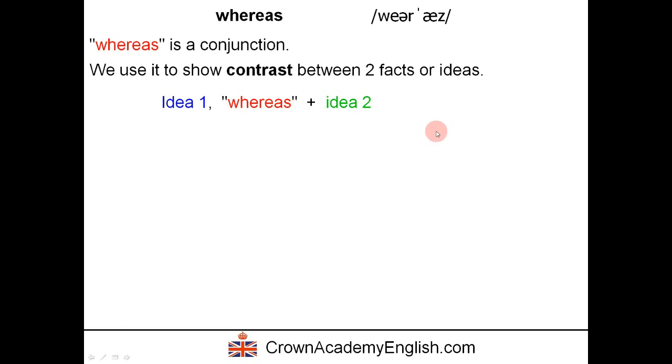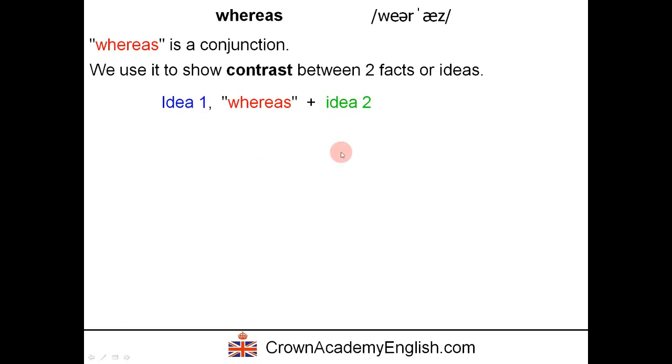First of all, here is the form of when we use whereas. We have the first idea, idea number one, then we have a comma, then we have the word whereas, and then we have idea number two. So idea one and idea two, this is what we are contrasting.